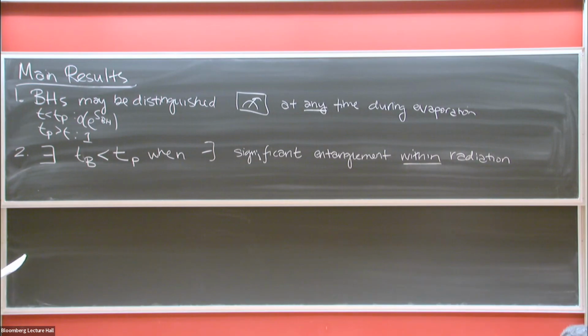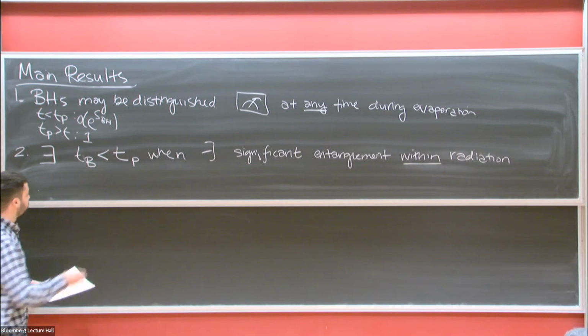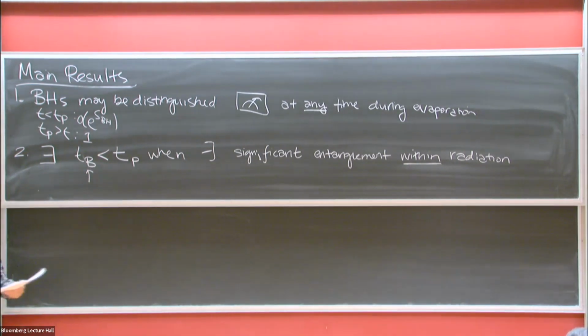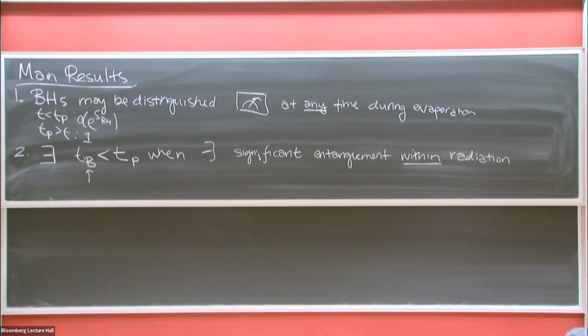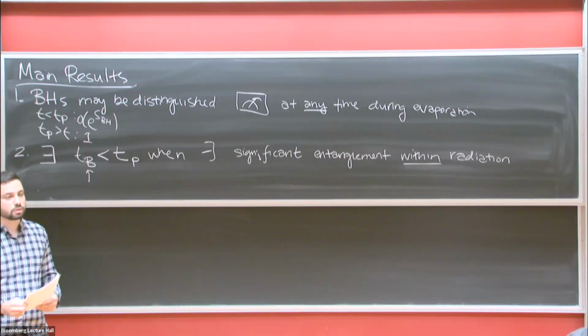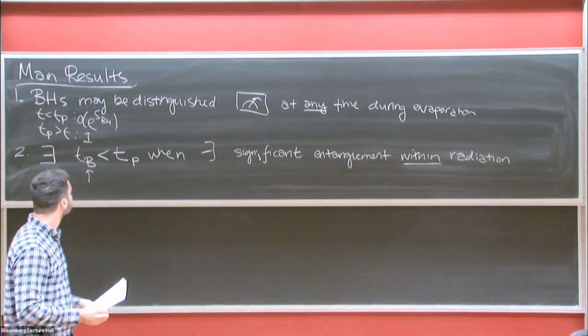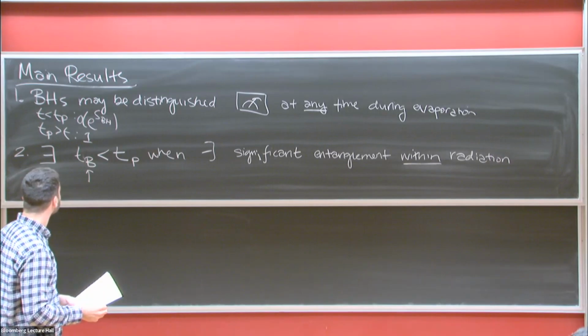So in some examples, this timescale is important for other reasons. It shows up in some other calculations. Yes? Sorry. Shouldn't T be larger than T Page?